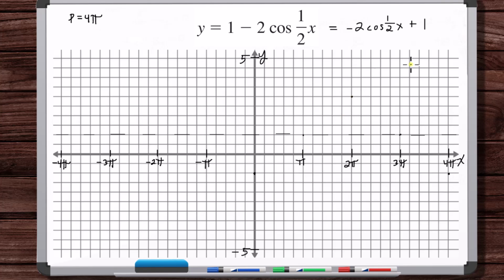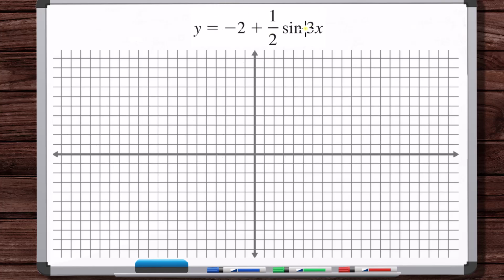Now let's sketch this. And there we go. We've got this shift here of 1.